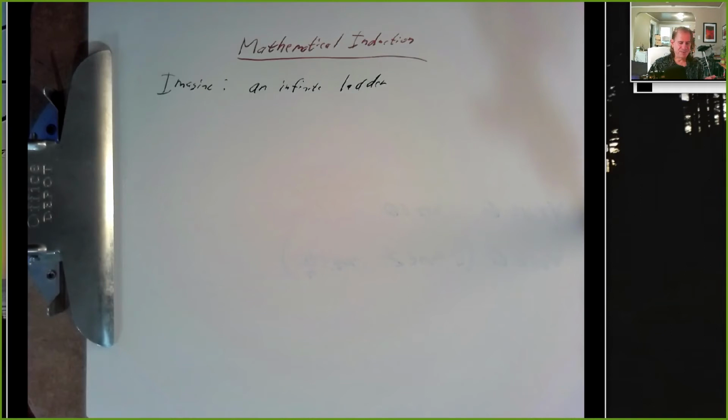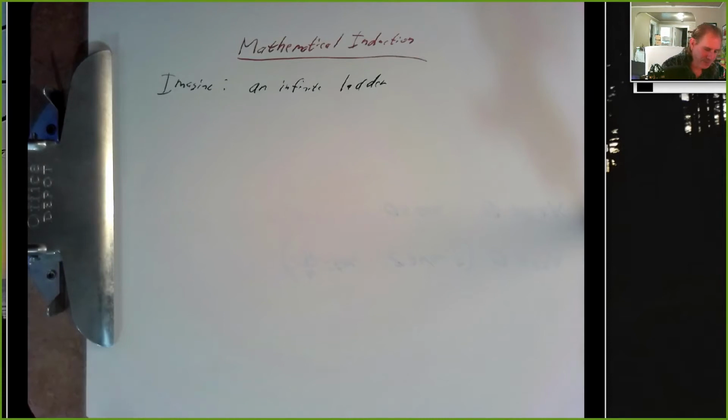It means that if you look at the nth rung, there's always rungs above that as well, whatever n you pick. If you climb up to the billionth rung of this ladder, there's still going to be more rungs above you. That's what infinite means. All right, so you have an infinite ladder, and you want to know if you can get to the 10th rung of this ladder.